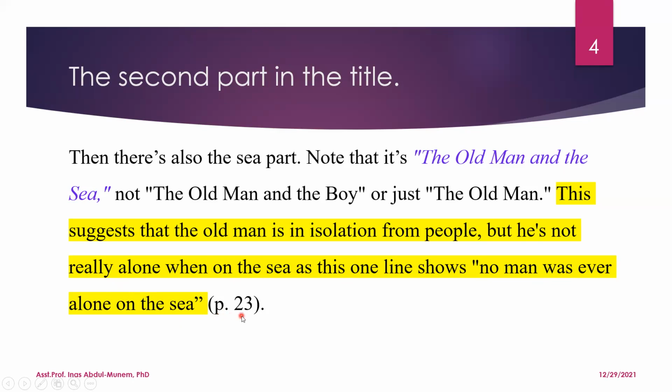Of course, there's a description of a flock of ducks flying in the sky. He was looking at them, how they fly in the sky, and he felt united with them, or he felt that they are his friends. That's why the narrator said, no man was ever alone on the sea, because of this scenery, this sight that he has seen.